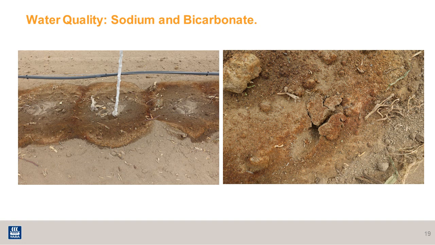You can see that this irrigation water has something in it, because when you drip irrigate, all the water that moves to the edge and dries accumulates this white residue or substance on the edge of this irrigated zone. This white stuff can be either sodium or bicarbonate in the water that, over time as it accumulates, can cause crusting on the soil surface.